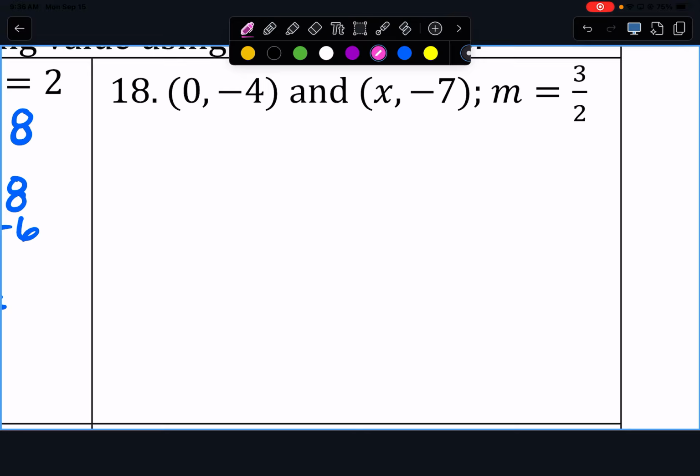So what is negative 7? What is 2 times 0? Oh, by trying to look at it, I was expecting the error to be somewhere else.